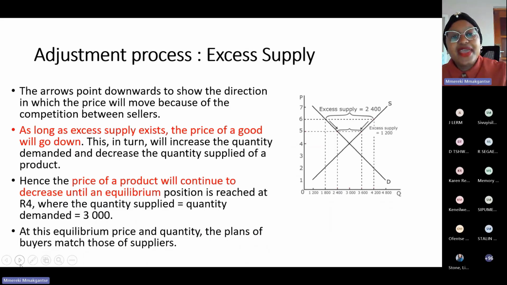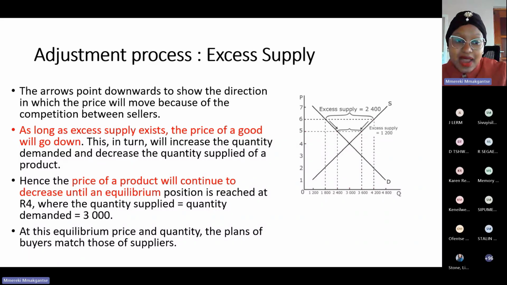Now we're going to look at the adjustment process, focusing on the excess supply. The arrows point downwards to show the direction in which the price will move because of competition between sellers. We see here at R6, remember the exercise that we just did? At R6, the quantity supplied is 4,200.